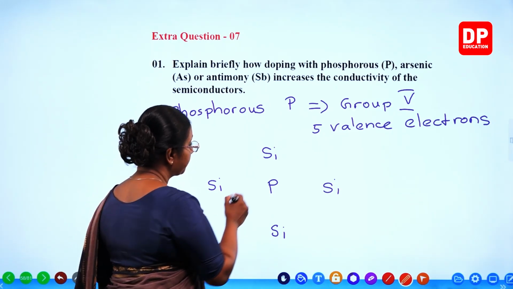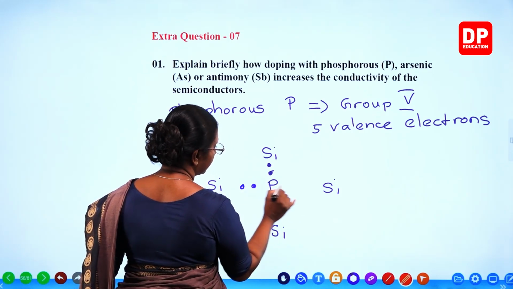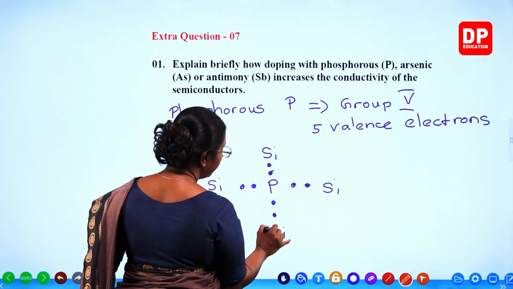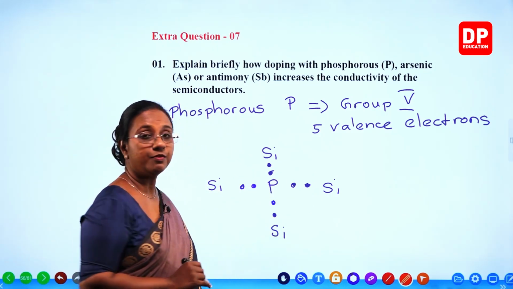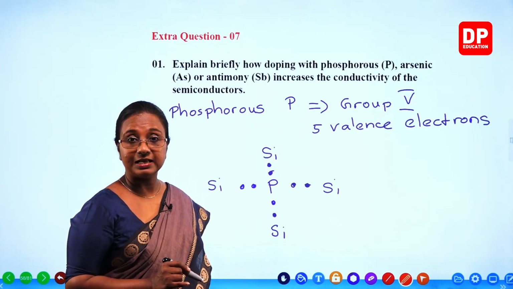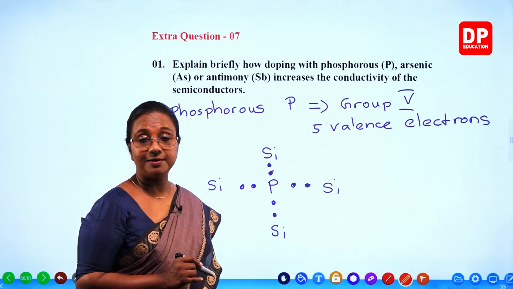Then what happens there? There are 4 bonds formed with phosphorus and silicon, because there are 4 silicon atoms surrounding phosphorus. But the phosphorus atom has 5 valence electrons. 4 had been used for the bonds, 4 covalent bonds.